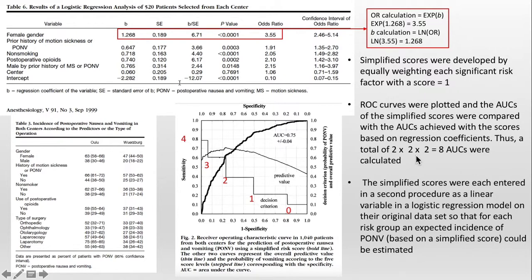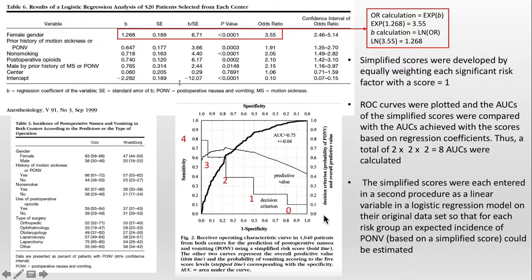One of the things they wanted to do was make this easy for clinicians to calculate. Even though we probably know that female gender, according to this, shows that they probably have the highest odds of PONV compared to maybe motion sickness with an odds ratio of 1.91.